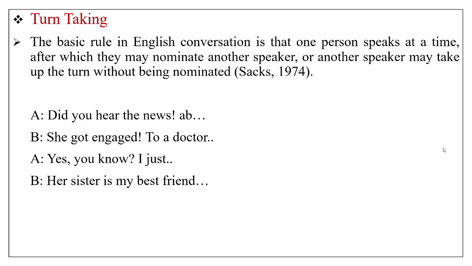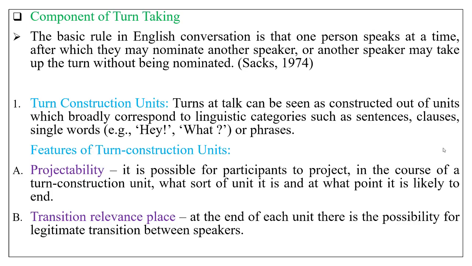"Yes, her sister is my best friend." So you say something, you finish, and the other person takes a turn and starts another topic. They talk about it for a minute or two, and then the other person takes over. Turn taking plays a very important role in conversation.